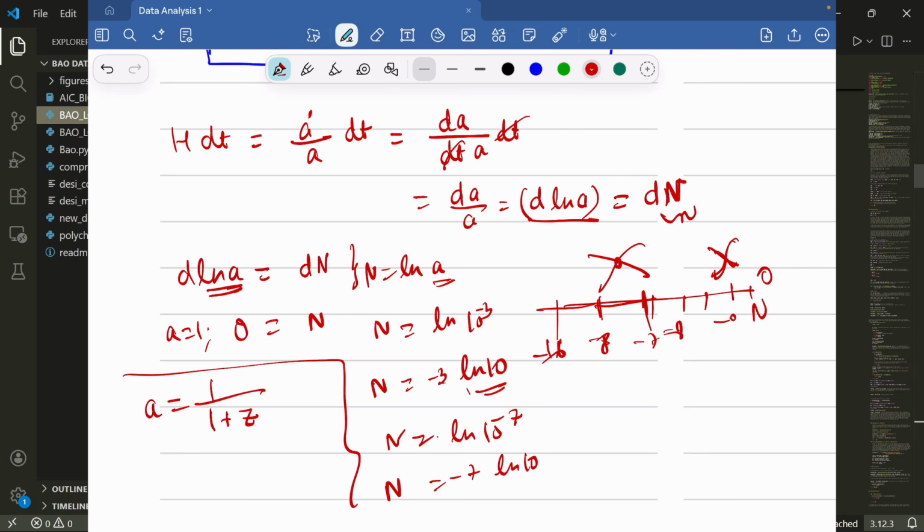Now z becomes 0 at present, z is 3, 4, 5, 6, 7, 8, 9, 10, you are actually looking at the universe in the past. And a will be smaller and smaller. So z becomes 1 million, which is around the radiation epoch, matter and radiation equality. Your z has to be 1 million, then you can actually reach there.